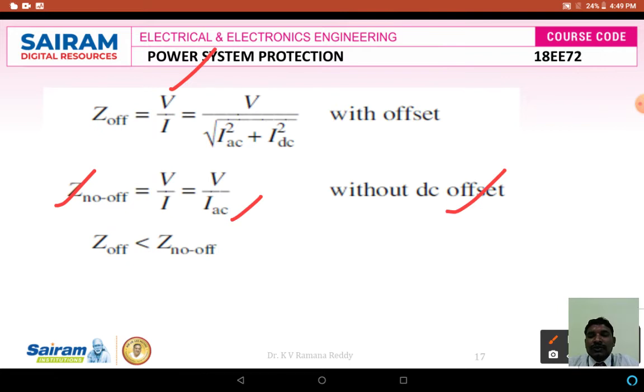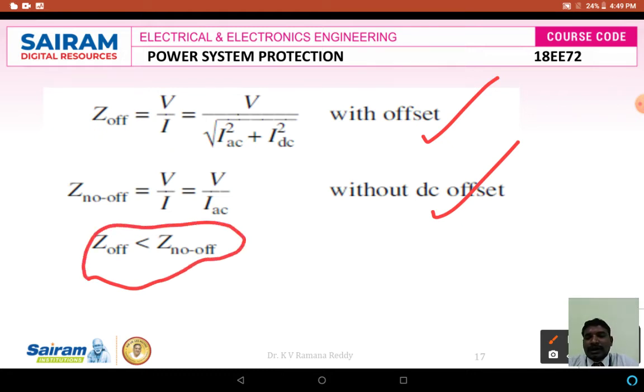In these two cases, with DC harmonics and without DC harmonics, if you compare the impedance, the impedance with DC harmonics is less than the impedance without DC harmonics.